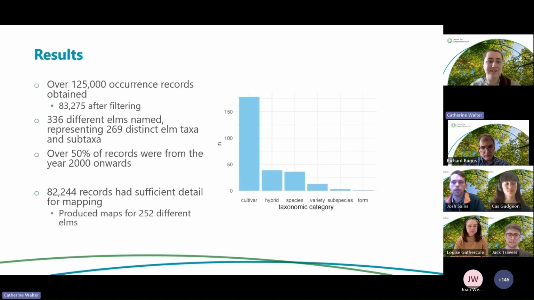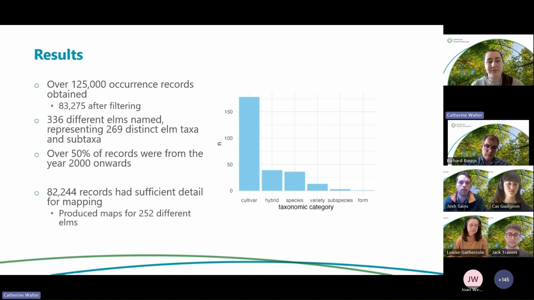In total, over 125,000 records were obtained, and this was reduced to about 80,000 after I'd filtered them. 336 different elm names were used, but after I applied synonyms, this was 269 distinct elms.